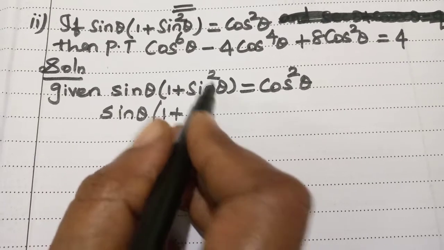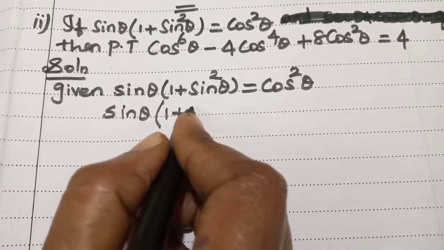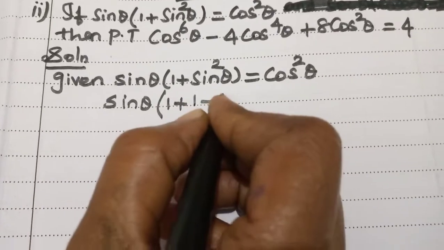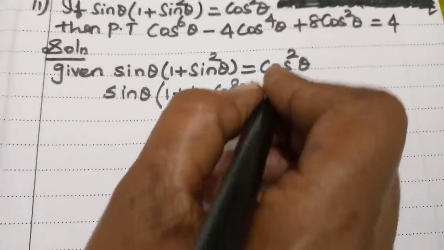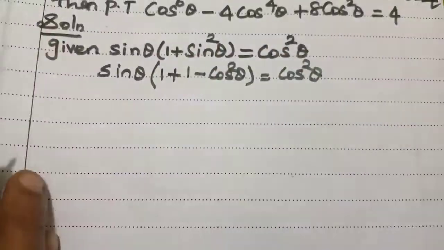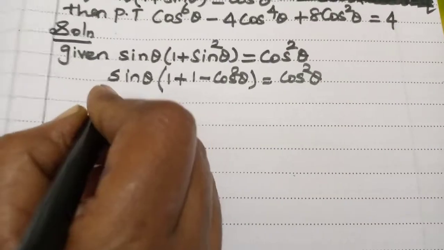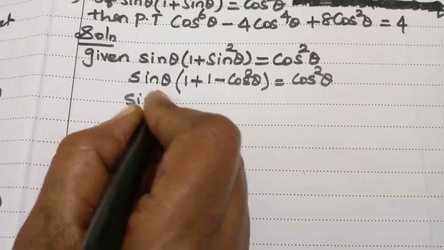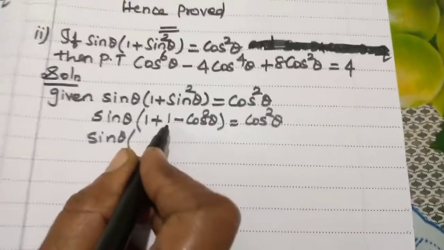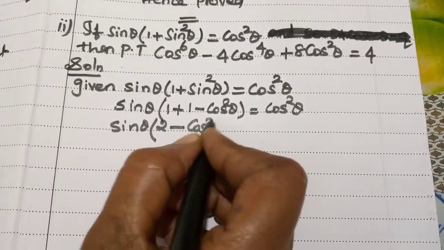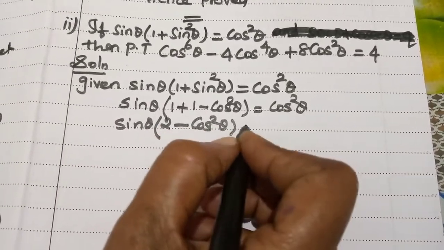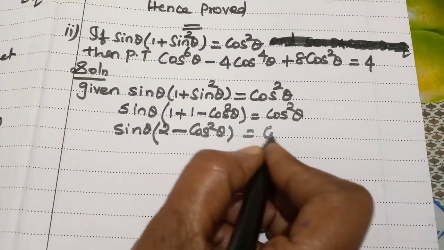Using that, sin square theta can be written as 1 minus cos square theta. Now sin theta into, here 1 plus 1, 2 minus cos square theta, is equal to cos square theta.